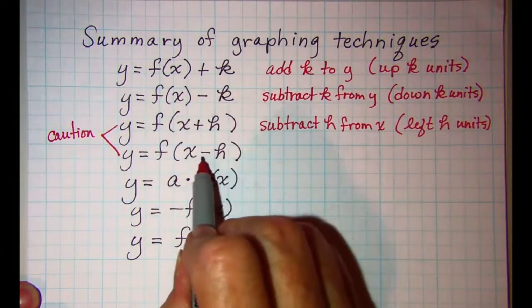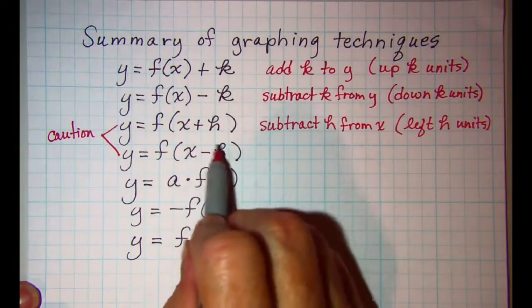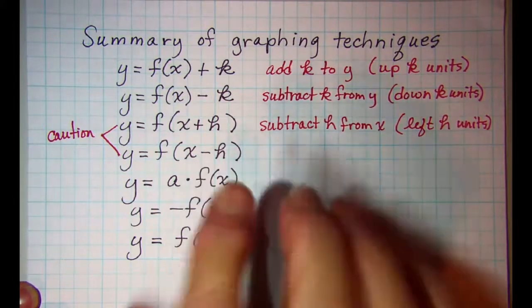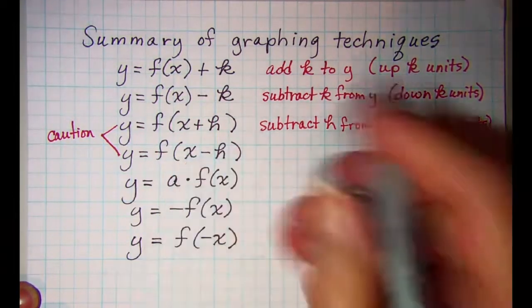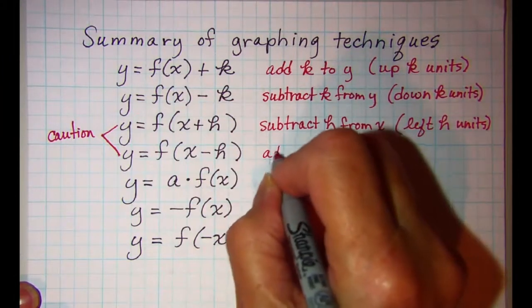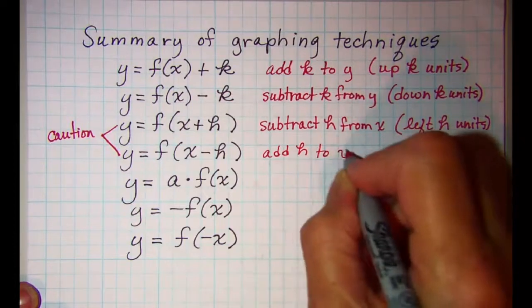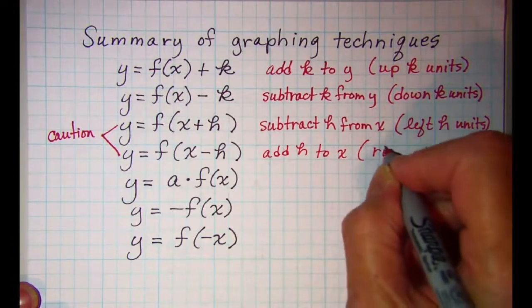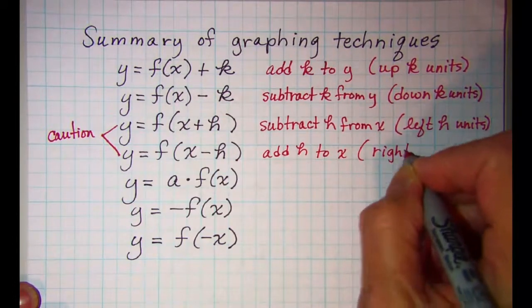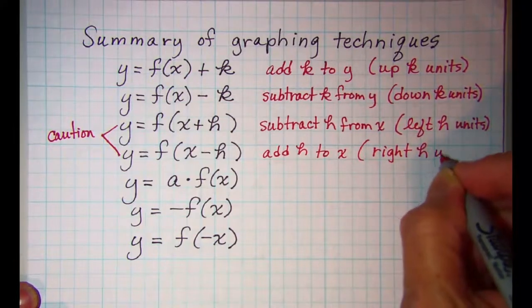On this one, in order to make this a 0, we would have to have a positive h here. So we would add h to x, or move right h units.